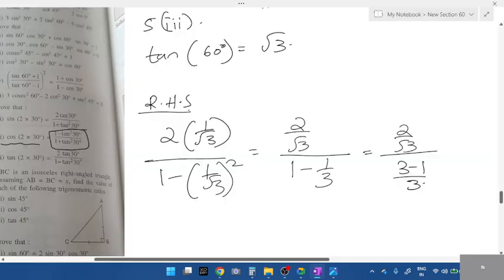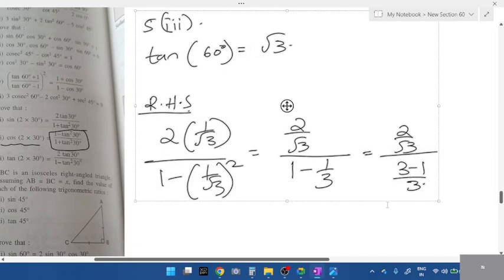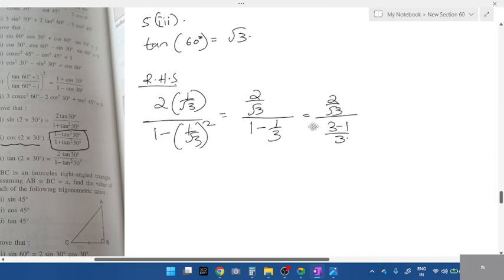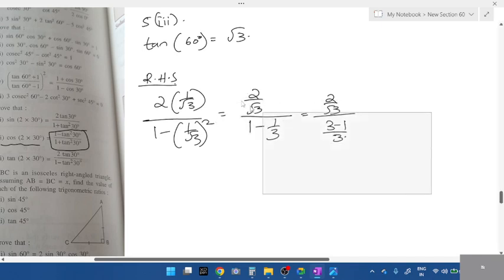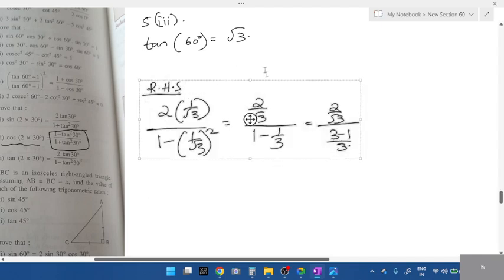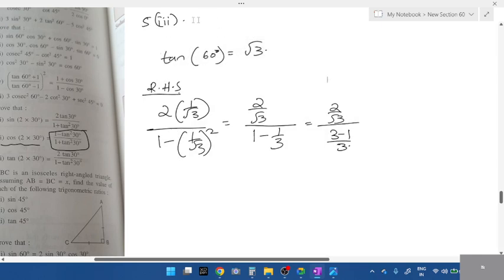This was a very simple question. So when you rewrite like this, 3 divided by 3 minus 1 is 2. 2 and 2 get cancelled.